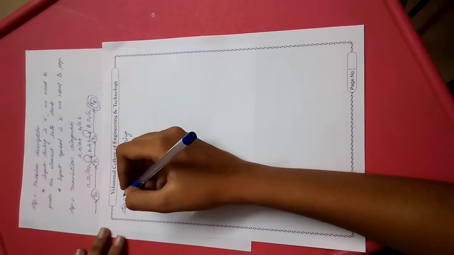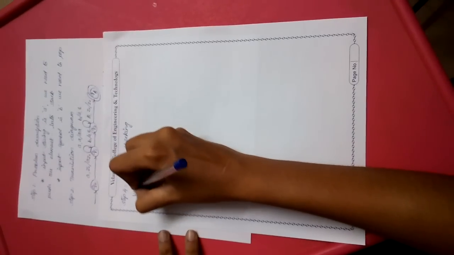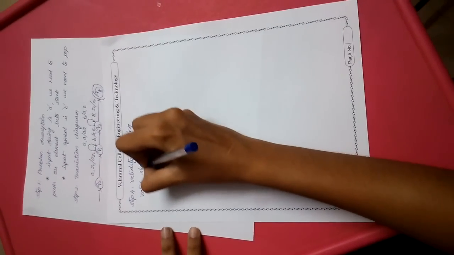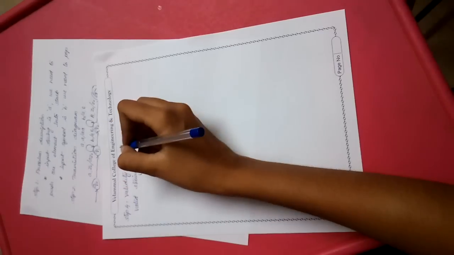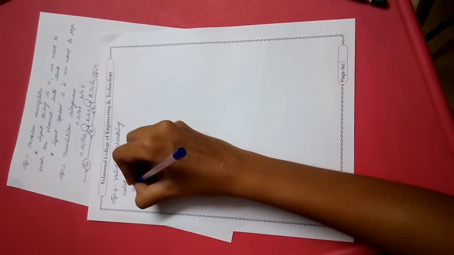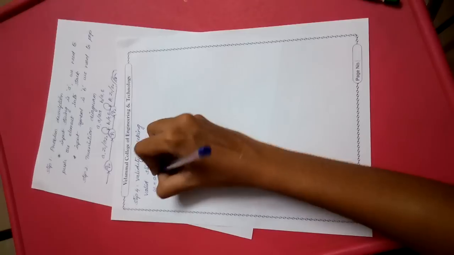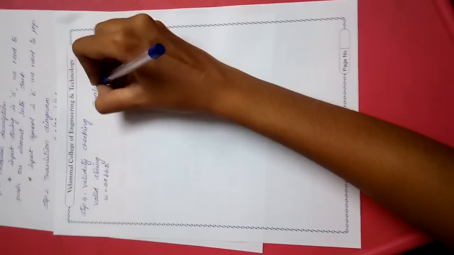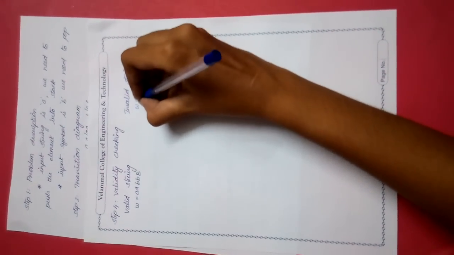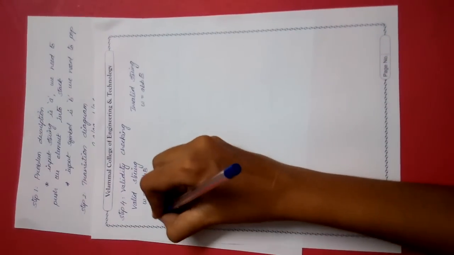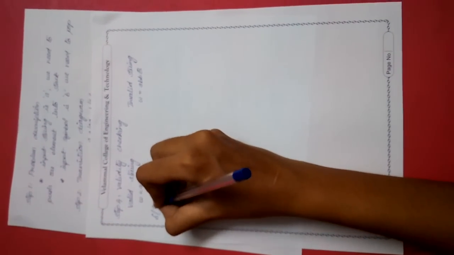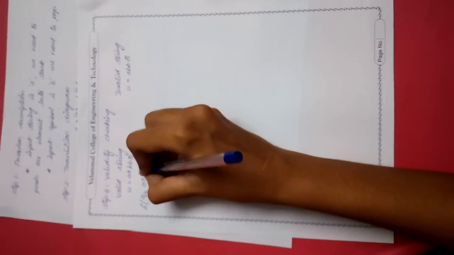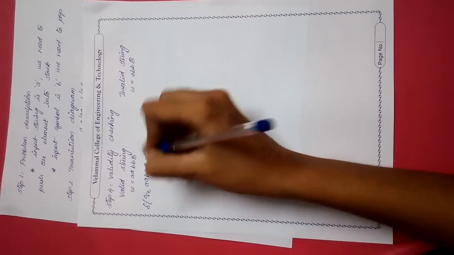Let's now check. We take the valid string as W is equal to AABB blank space, and the invalid string W is equal to ABB blank space. First transition will be del of Q naught comma AABB comma blank comma Z naught.